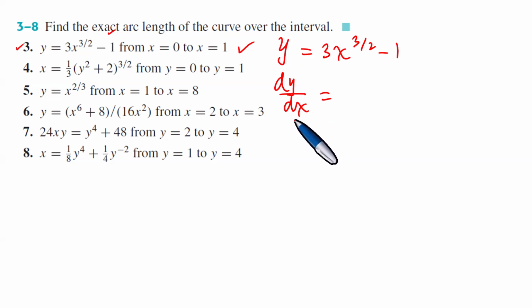So we're spoiled for choice. We know both formulas already for the arc length. So we're going to use, yeah, let's do dy dx. You differentiate this one, you bring down the 3 over 2. 3 by 3, it's 9 out of 2, x to the 1/2.